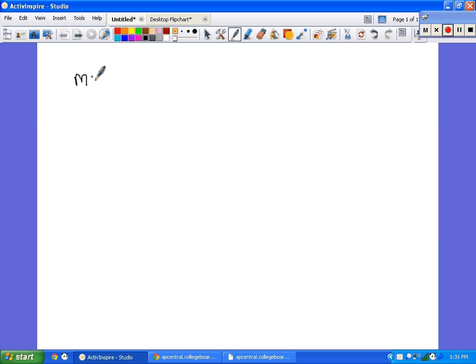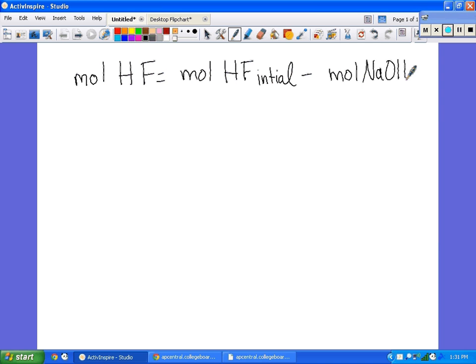All right, so moles of HF equals moles of HF initially minus moles of NaOH added. Now, why am I subtracting those two things?